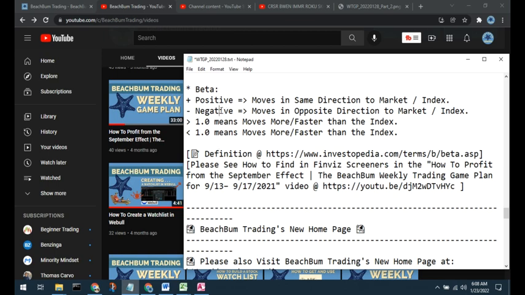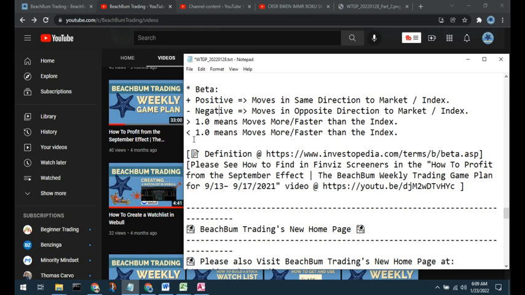So again, now you can take a long position on a stock that's more likely to move up when the market's moving down. You can see our video on how to find stocks that have a negative beta, if you want to find individual stocks to watch that are more likely to move up when the market's moving down.